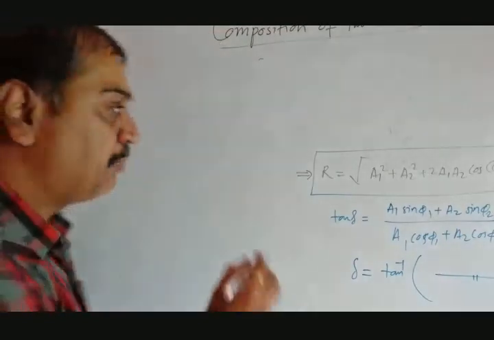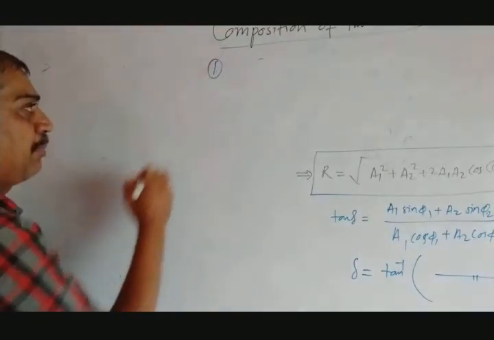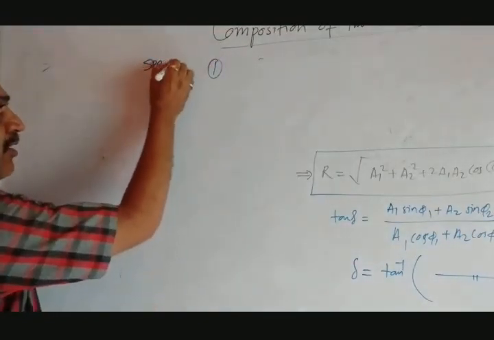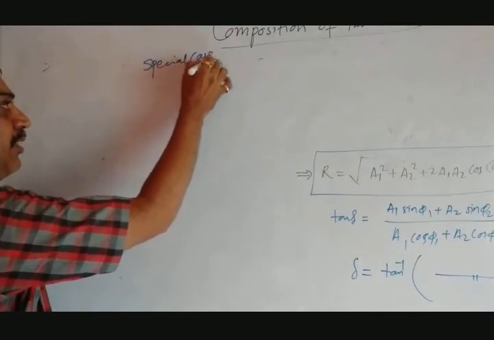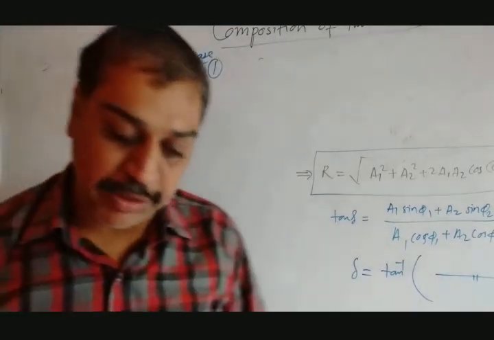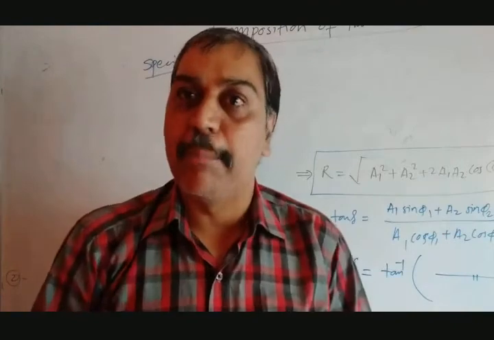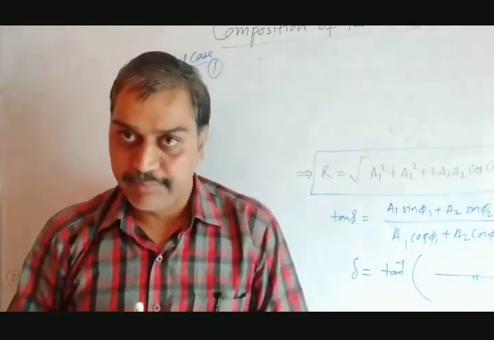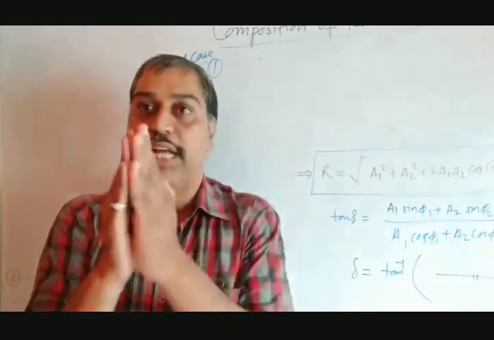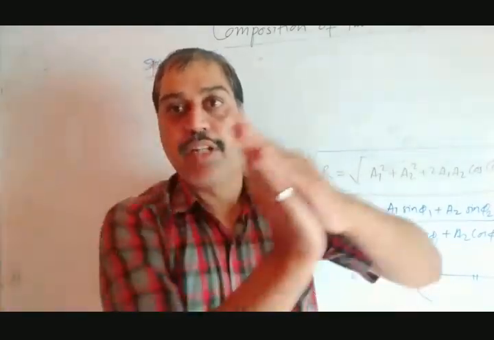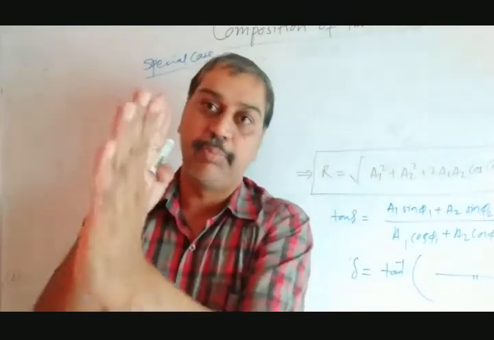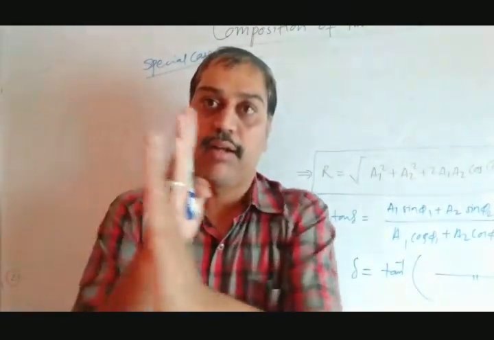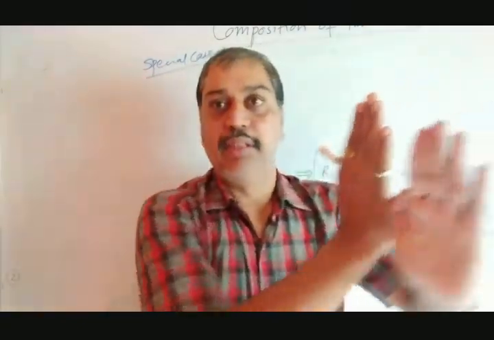So the first special case. What are the special conditions? For the first special case, the two particles P1 and P2 performing simple harmonic motion are in the same phase. Suppose they start at the same time here, and go to the extreme at the same time.